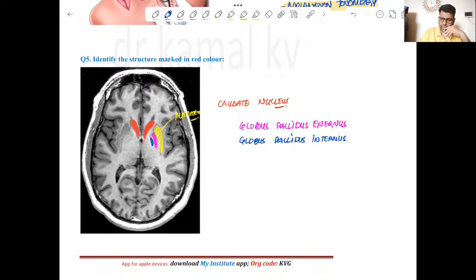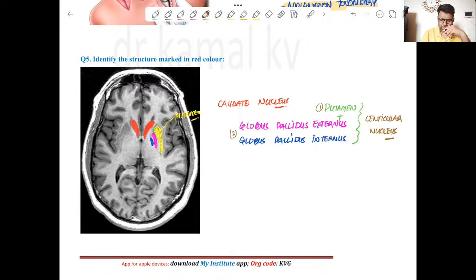Yes, of course, if putamen plus globus pallidus is named collectively, it is named as lenticular nucleus. So sometimes in description you might find these words, lenticular nucleus. So lenticular nucleus is just putamen and globus pallidus.